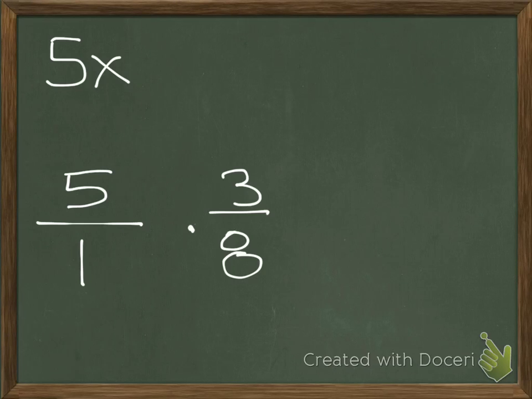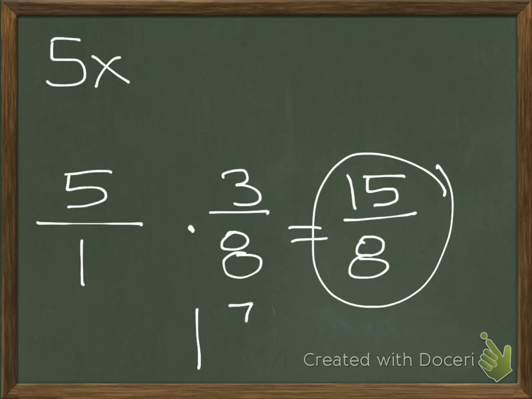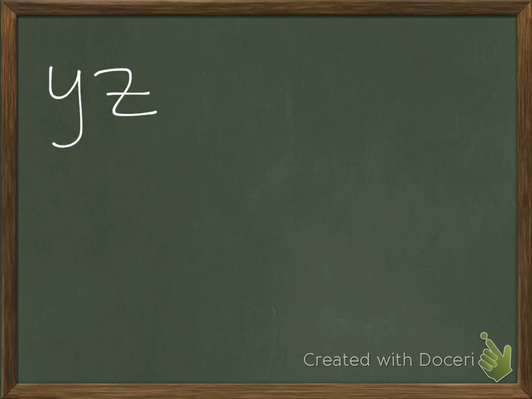Now I can't simplify beforehand, so I'm going to just multiply my numerators together and my denominators together, and I can leave my answer either as 15/8, or I know that 8 goes into 15 once with 7 left over, or I can write it like this, 1 7/8. Either way is correct.